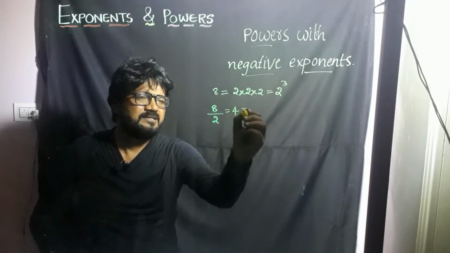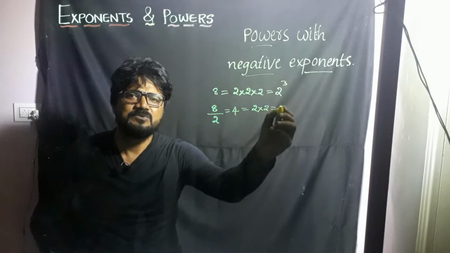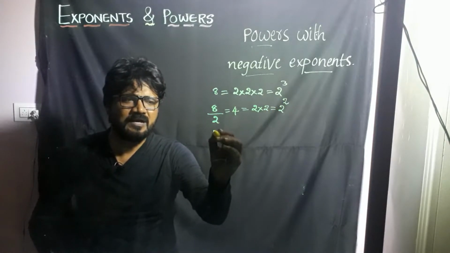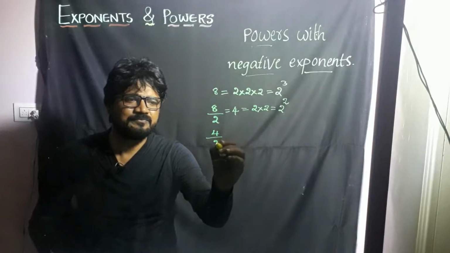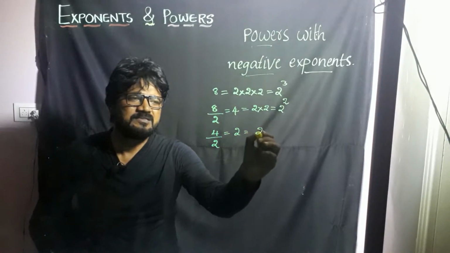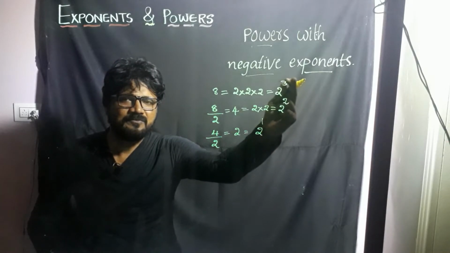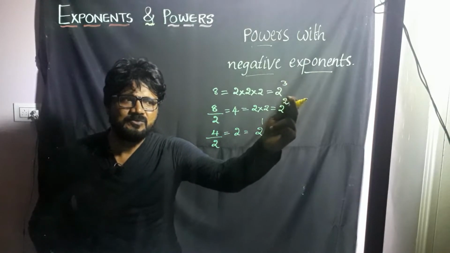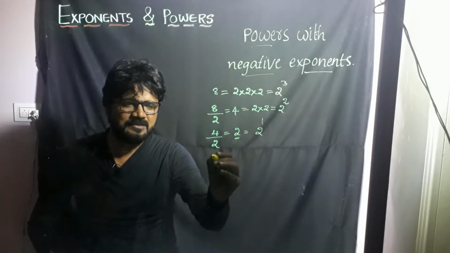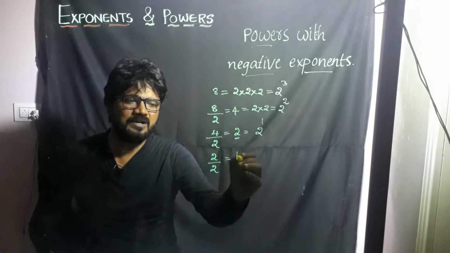This 4 can be written as 2 into 2, that means 2 to the power of 2. Again take this 4 and divide by 2. How much do you get? 2. Here 2 is written one time. Observe this pattern: 2 to the power of 3, 2 to the power of 2, 2 to the power of 1. Now the same 2 divided by 2 means the value is 1.